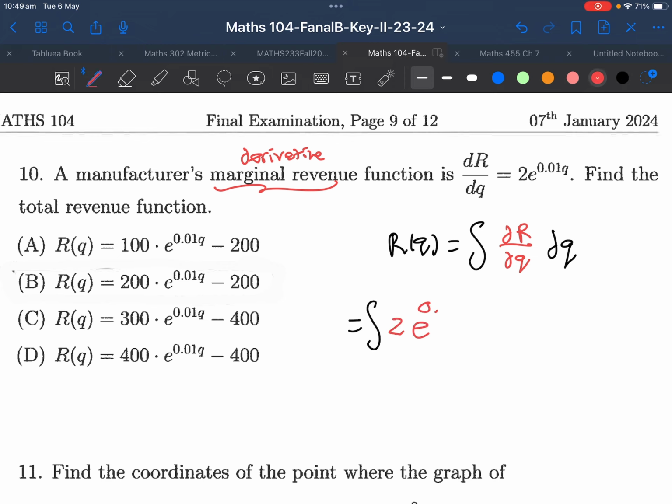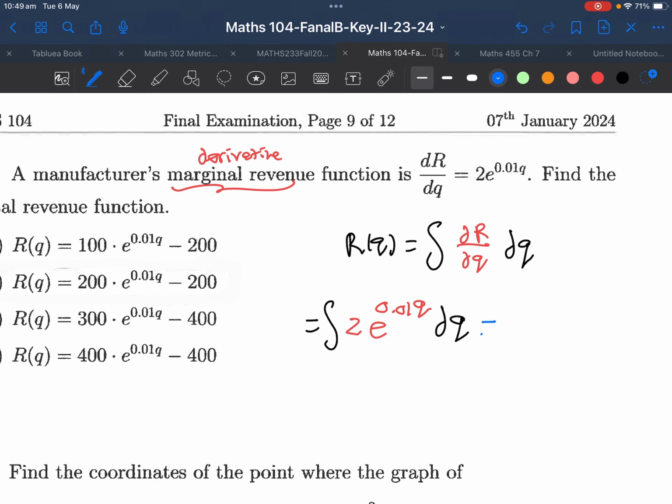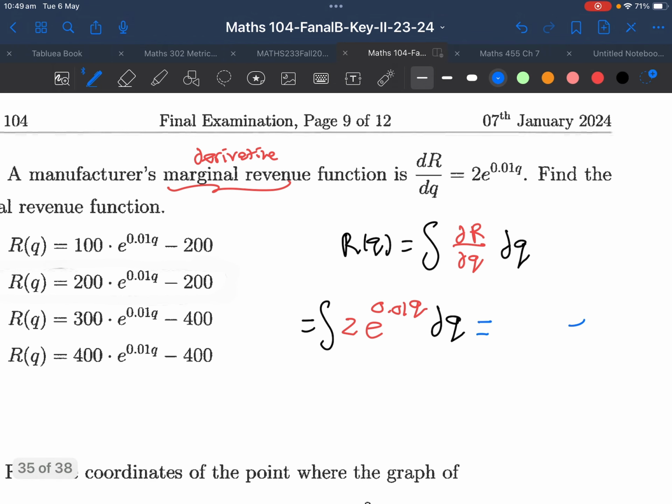It is just the integral of 2e^(0.01q) dq, equal to, we keep the e as it is, and then we keep the 2 and divide by the number in front of the e. Of course, plus a constant D that we need to find.